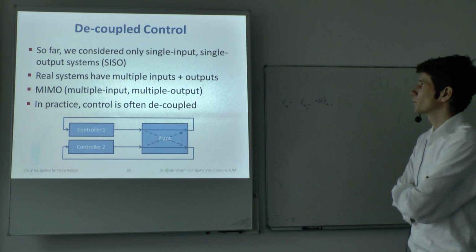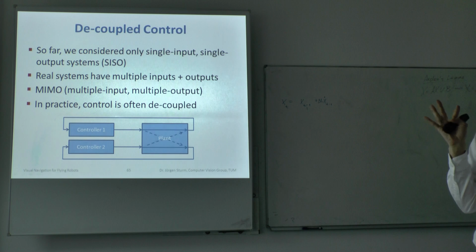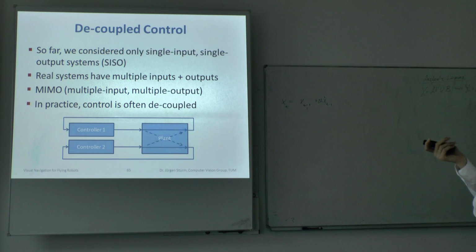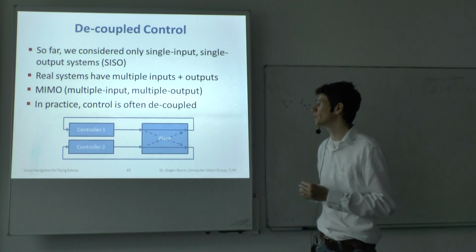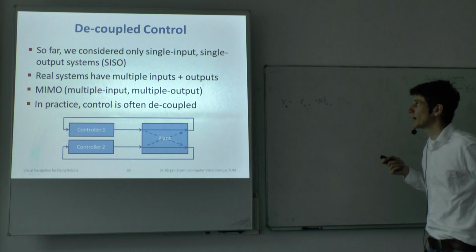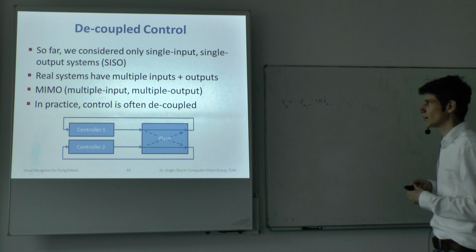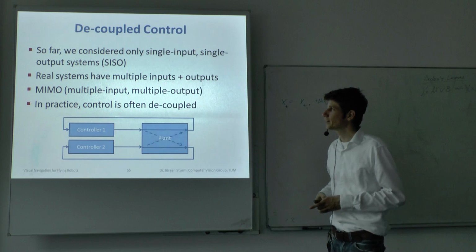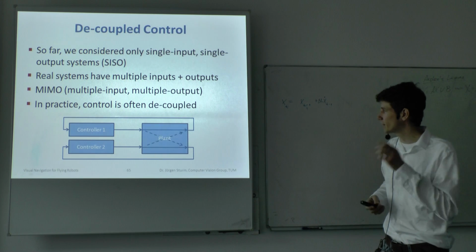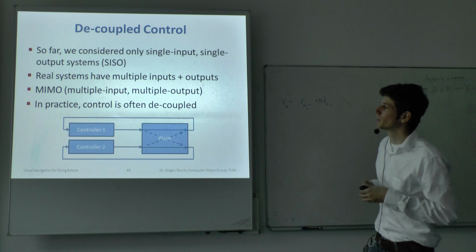The next concept is that so far we've only looked at 1D problems, which is called a single input, single output system. But of course, in reality, we live in 3D space, and potentially there are even more degrees of freedom. So there are multiple inputs and multiple outputs, which is then called a MIMO system. While it is in principle possible to create controllers that take multiple inputs and control multiple variables at the same time, control is often decoupled, which means the following.